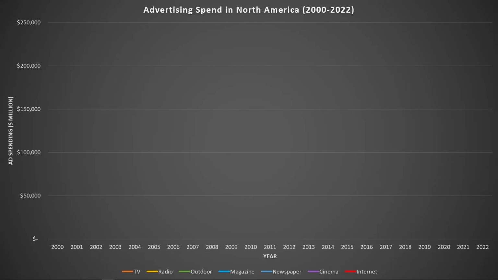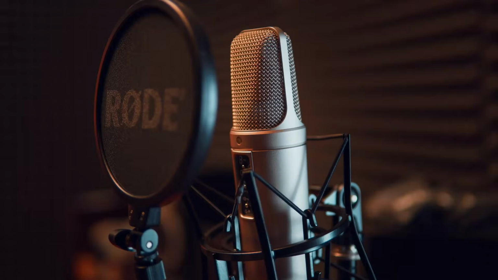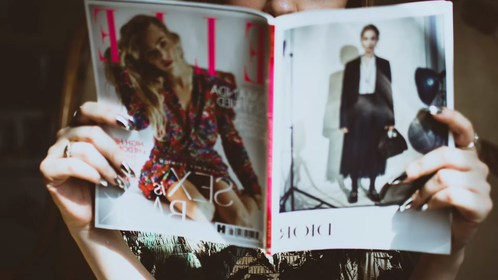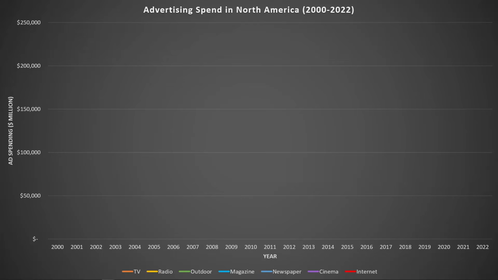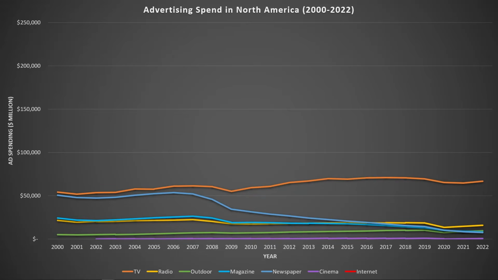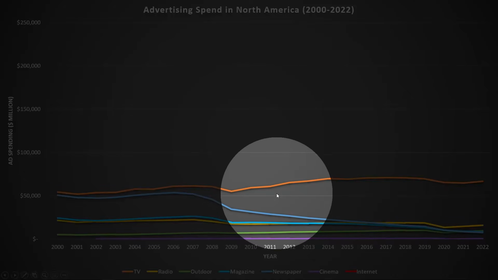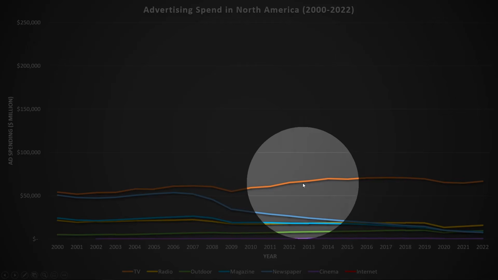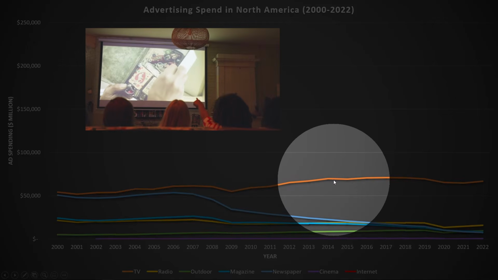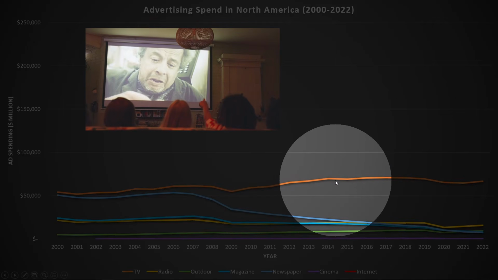And first, the ad spending on TV, radio, outdoor, magazine, newspaper, cinema, so everything except internet. This is the history of advertising spending of all the other media. As you can see here, the orange color indicates TV, the conventional top platform for advertising spending.